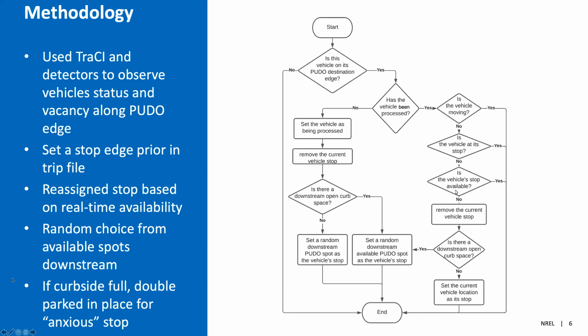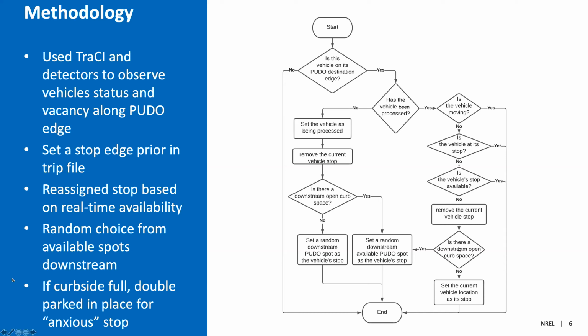Then we check whether the vehicle's stop is still available. If the vehicle is not moving and not at the stop, and the stop is still available, we go with the plan. But if not, we remove the current vehicle stop because it's not available anymore.